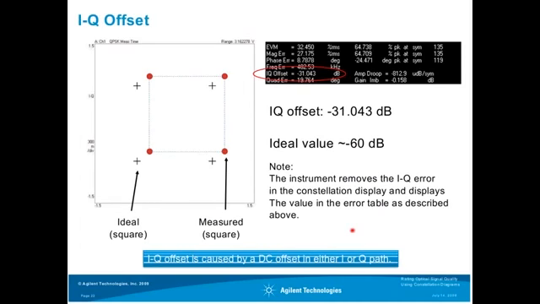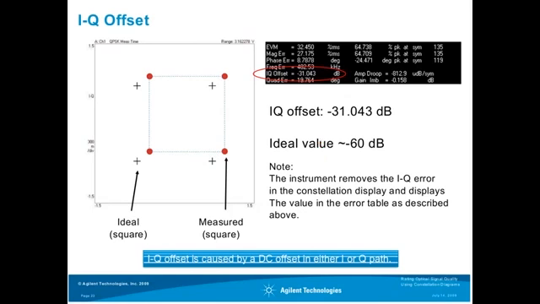Another offset that might occur during the design of a transmitter, for example, is the IQ offset. The IQ offset simply describes the offset of the constellation diagram from the origin. Again, the cross points are the ideal points, and here we see the measured constellation diagram.